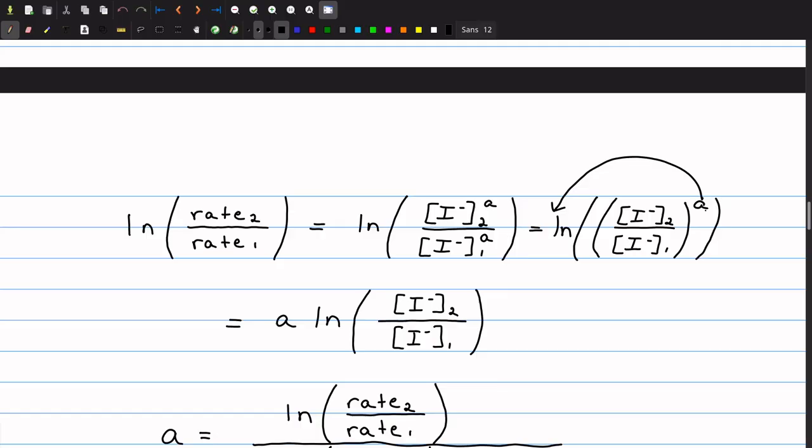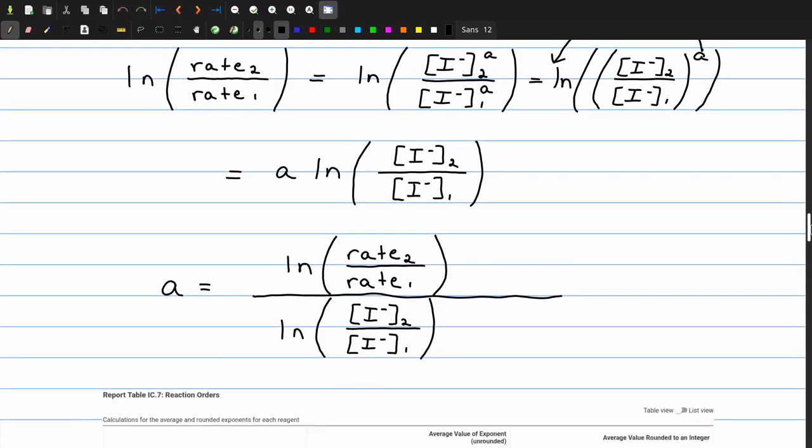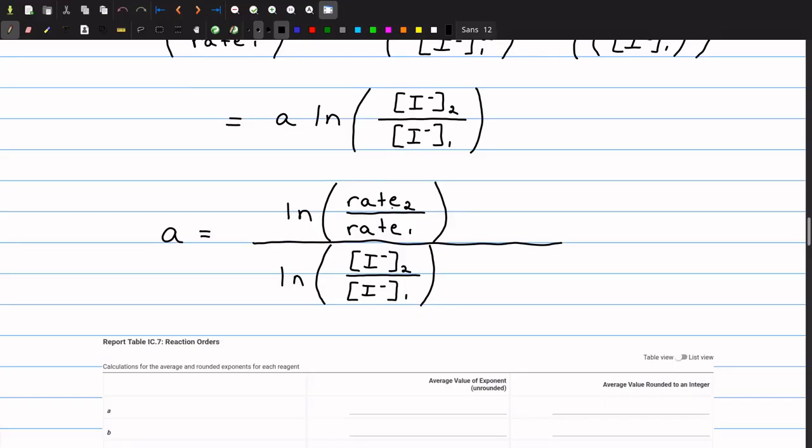I'm going to use one of the log rules here that says that I can move the exponent out and multiply it up front as a coefficient. So I get this. So now I have this is equal to this, which means that if I want to get at A, I need to divide this by this here. And that's what's going to get me my A value there.